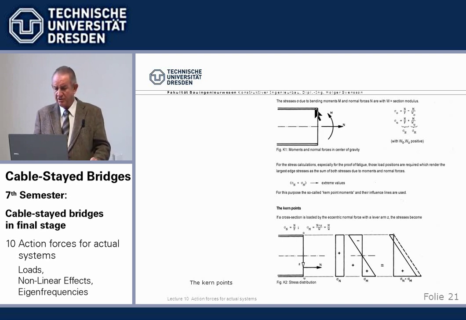Well, we all know if we have a beam with a normal force and a moment in the cross-section, the stresses are clear. Now, if we shift the normal force, or if we have an eccentric normal force, then we get stresses from a central normal force plus the moment N from the shifted force times Z gives this. So if we superimpose that, we get this run of stresses.